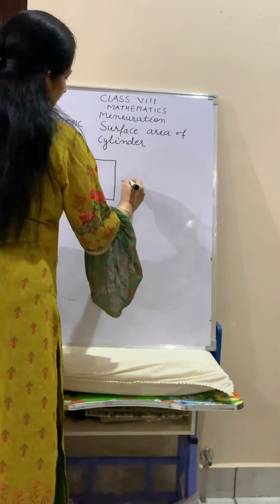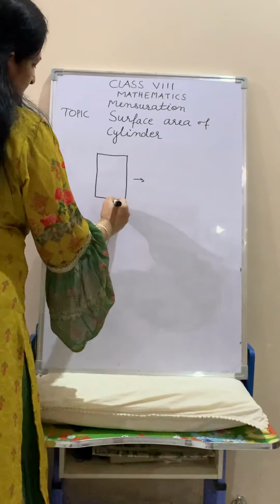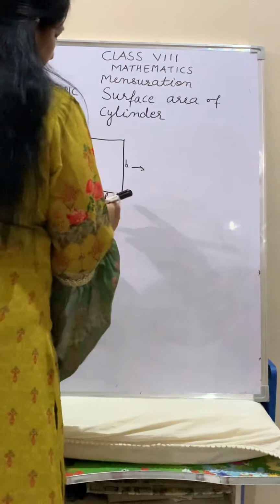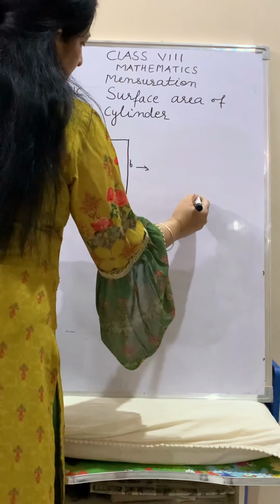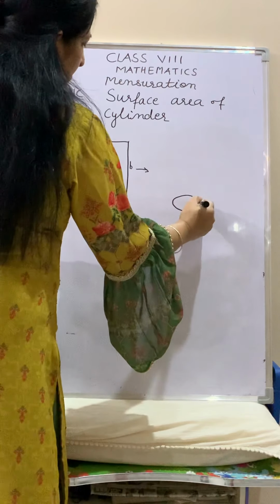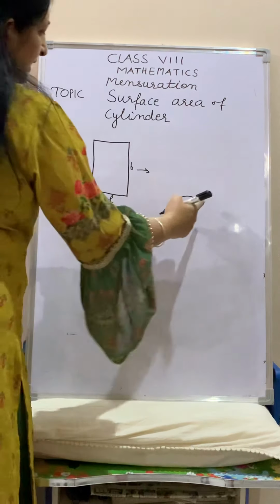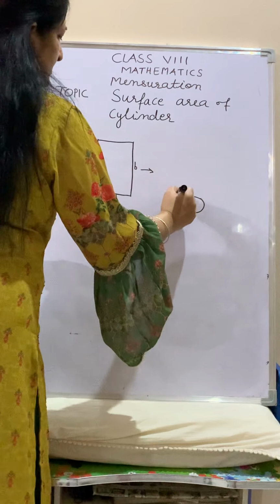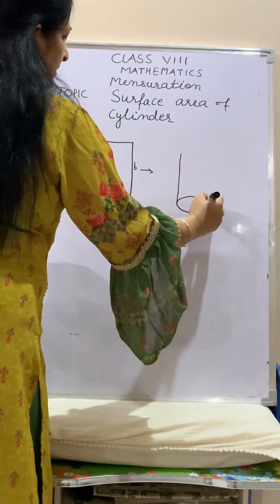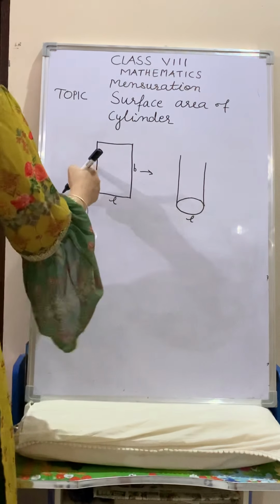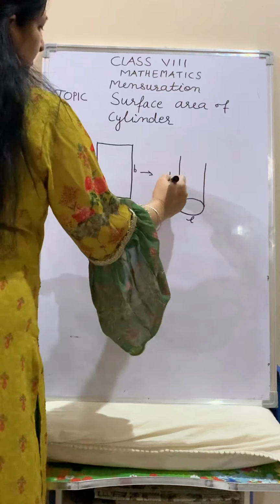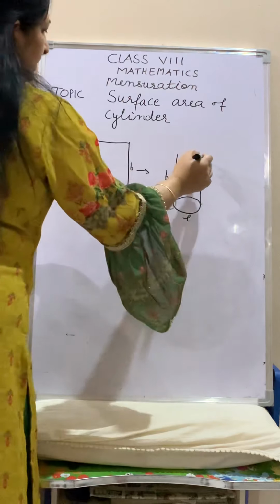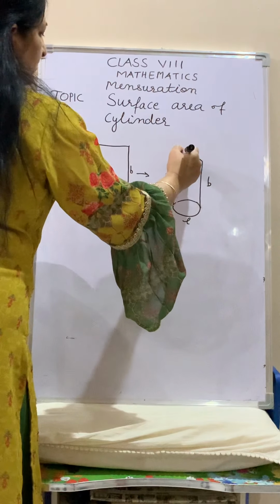Suppose the sides are L and B. When we fold it, this portion L goes in a circular mode, and the top length will fold in this way.